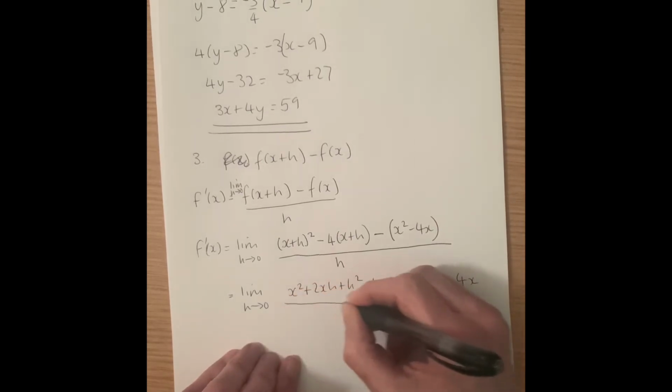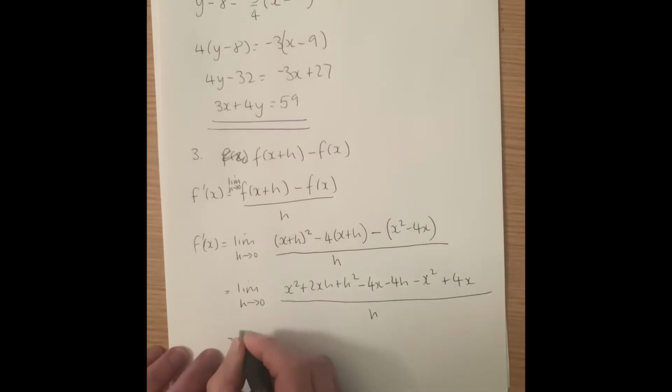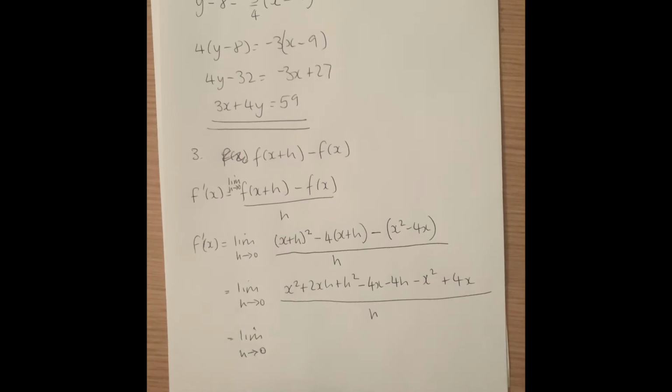So make sure that you've got that expanded properly, because you know what can happen is if you do a double mistake, you end up with the right answer, which obviously isn't going to be okay.